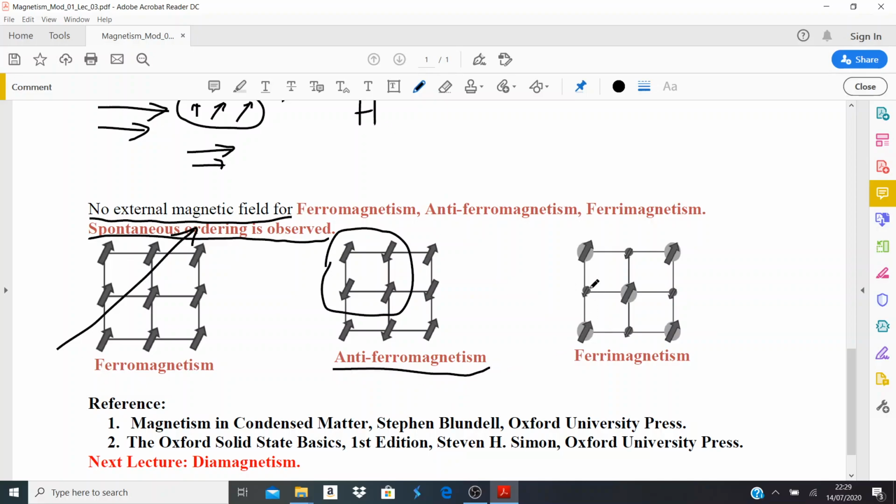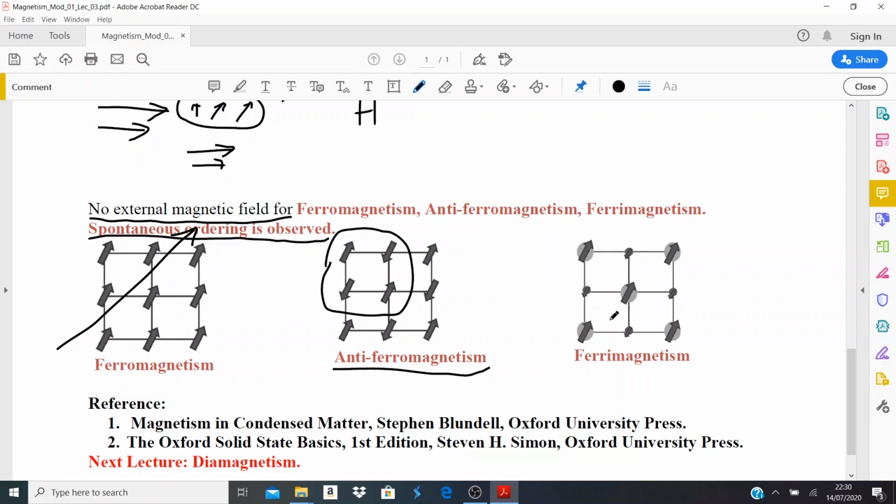And the last of its kind is defined in such a way that in the neighboring lattice points, the atoms of the species are different. So for example, let's say here there is a bigger atom or bigger ion, making a bigger ionic contribution at that point. But on the neighboring side, the atom or the ion is smaller, and then its magnetic moment is small but anti-aligned with the neighboring one.